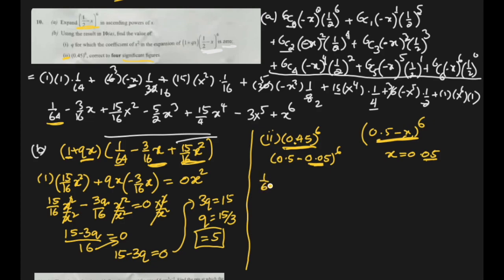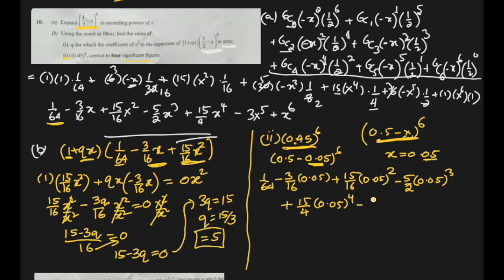That's what we will do now. 1 over 64 minus 3 over 16, 0.05 plus 15 over 16, 0.05 square minus 5 over 2, 0.05 cube, 15 over 4, 0.05 to the power 4 minus 3, 0.05 to the power 5, and then 0.05 to the power 6. Just put them very carefully in the calculator and you get your answer.